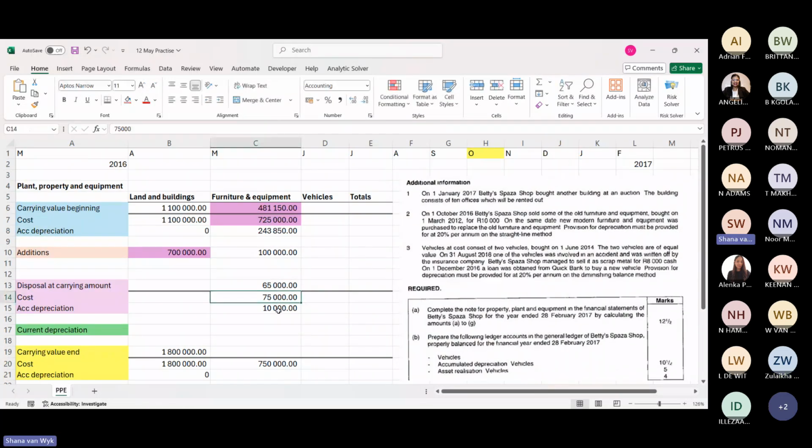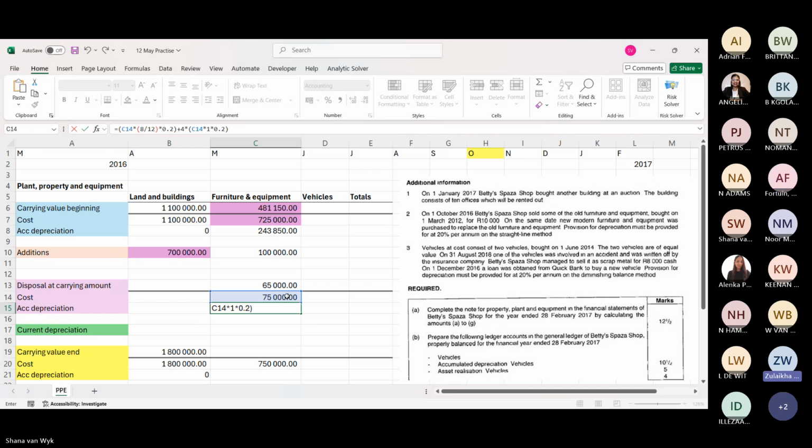Yes, so our depreciation, we must take up from 2012 until 2016. It's 4 years. So you're right, Zuleika. So now all we're gonna do is this, and then say plus 4, and then we're gonna say that's 75,000, times 20%.